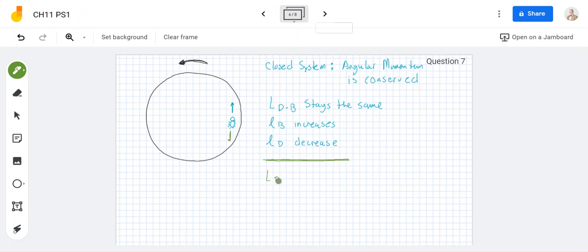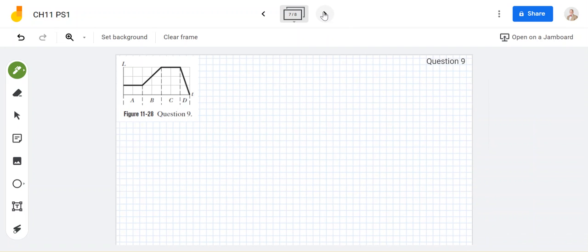So the angular momentum of the disc beetle system, again, stays the same because it's a closed system. There's no external torques, but the angular momentum of the beetle would decrease and the angular momentum of the disc would increase. As long as your system is closed and there's no outside torques, your angular momentum is conserved.